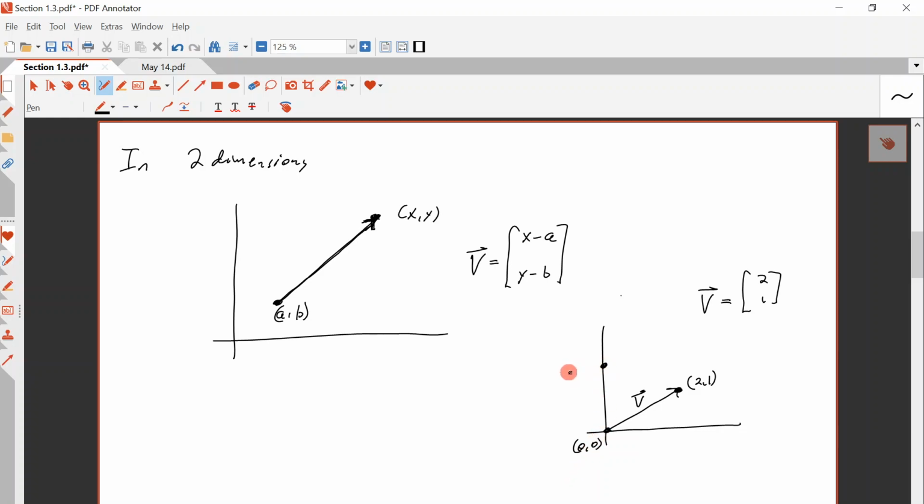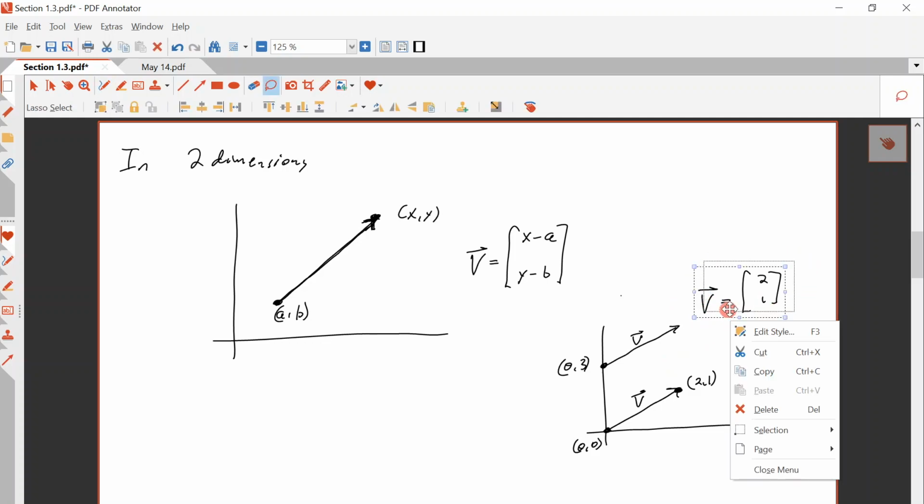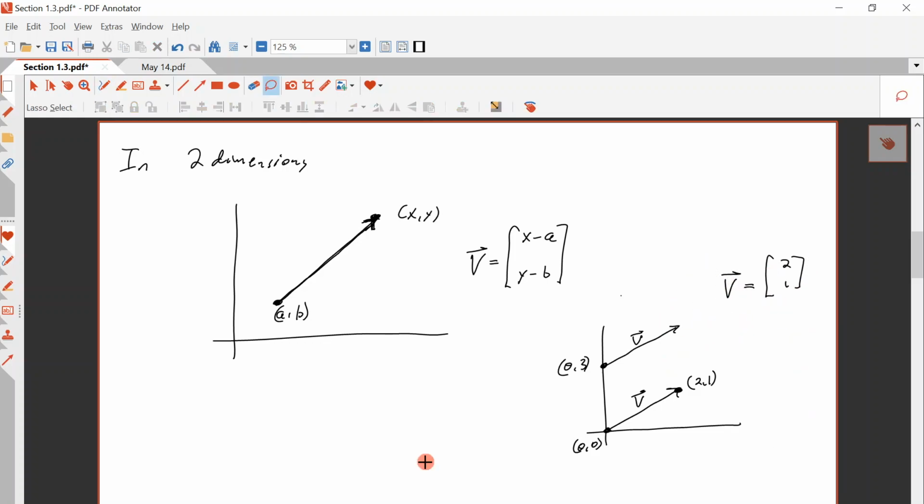So if this is the point 0, 3, the head minus the tail is 0, 3. So what's that going to be? Right, it's going to be 2, 4, or wherever else you might be. Whatever else your head and your tail might be, these are all the vector v.